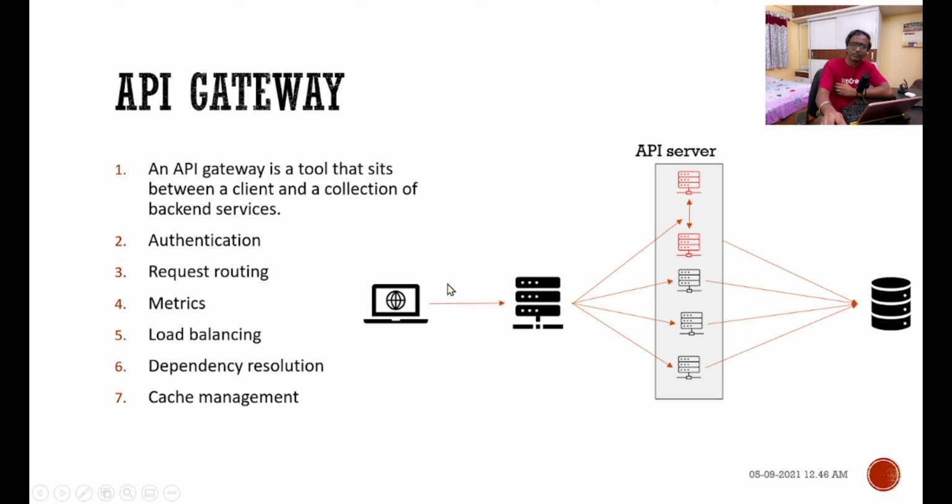We are keeping an additional burden on the service: writing authentication, writing these metrics logics, checking how many requests succeed, how many requests fail, which user called how many times, user A called 10 times. All those things you have to write as logic in a service. Instead, your API gateway will take care of that.